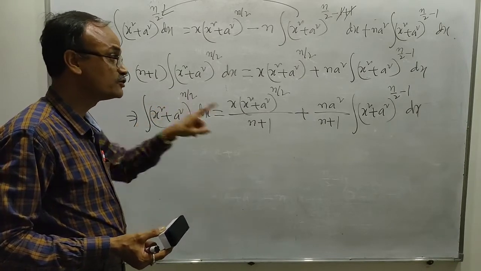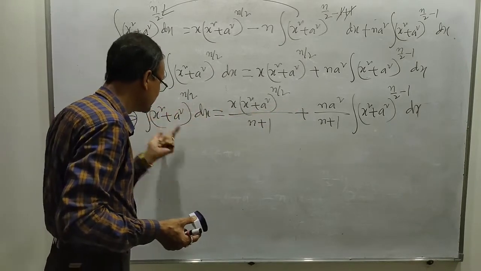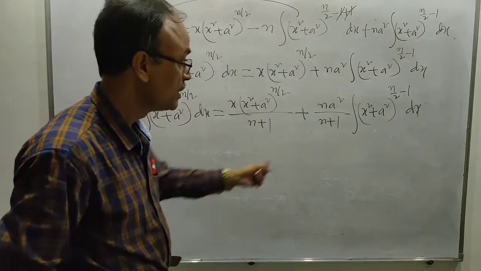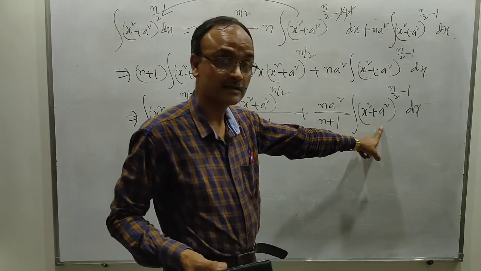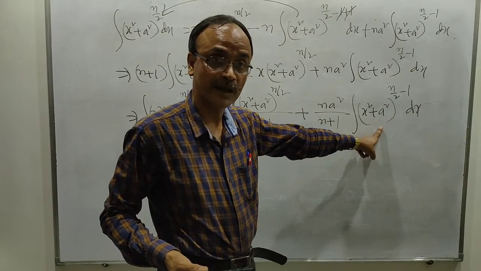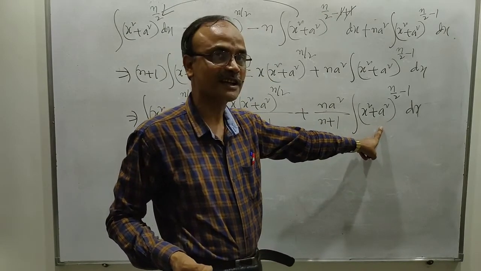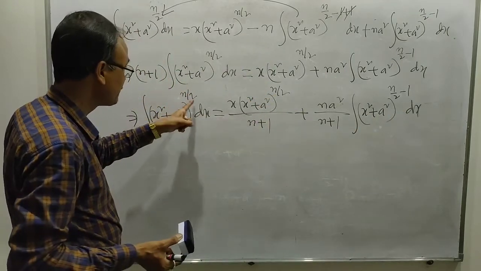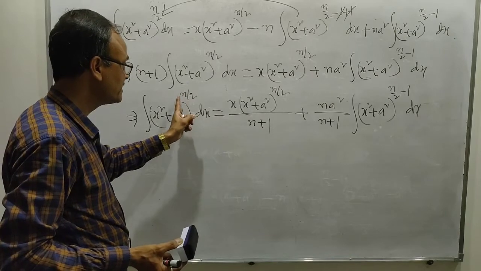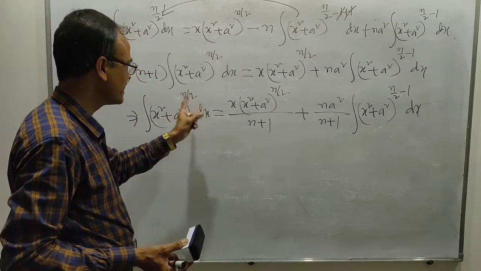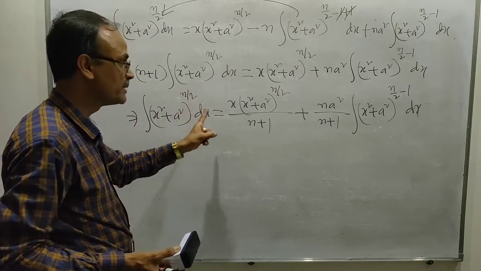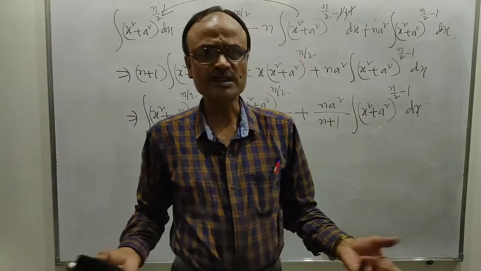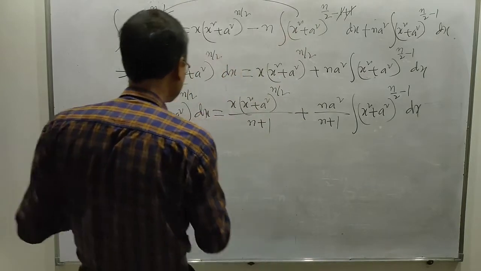If you denote this by I n, then it will be denoted not by I n minus 1 but by I n minus 2, because n by 2 means n divided by 2. Put n for n minus 2: n minus 2 divided by 2 means n by 2 minus 1. This one is the required reduction formula.